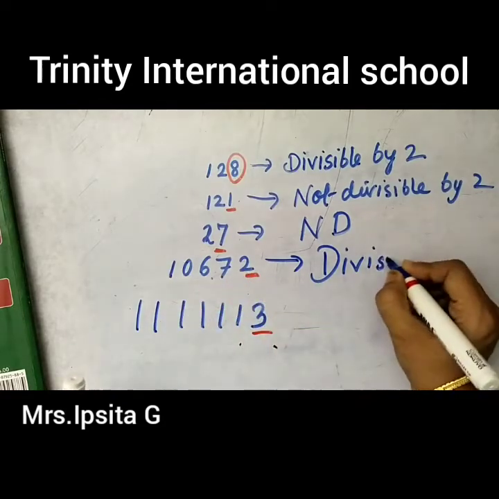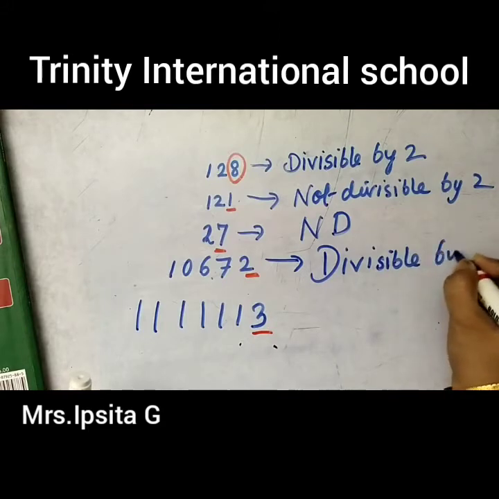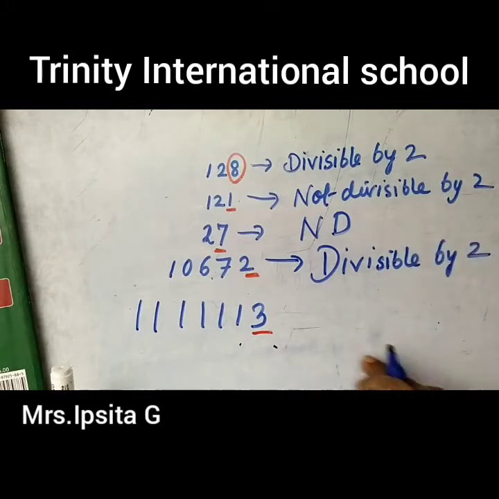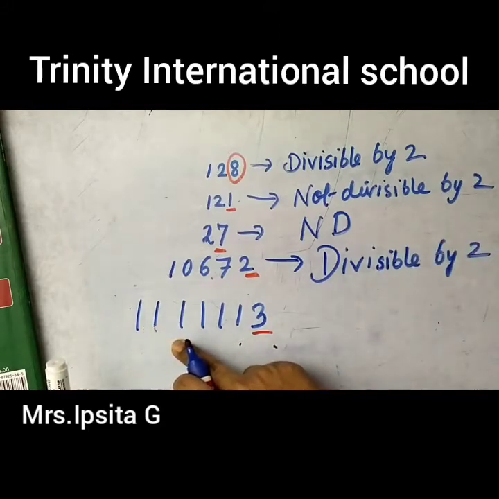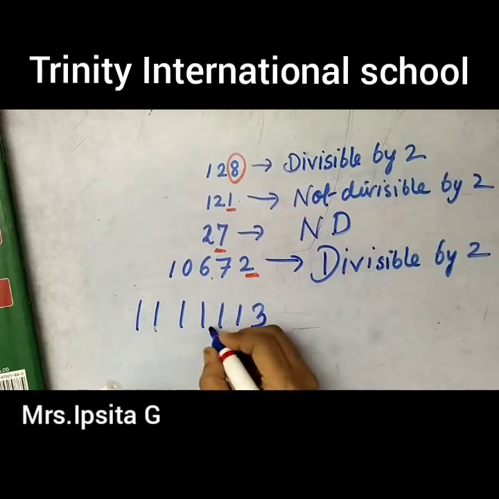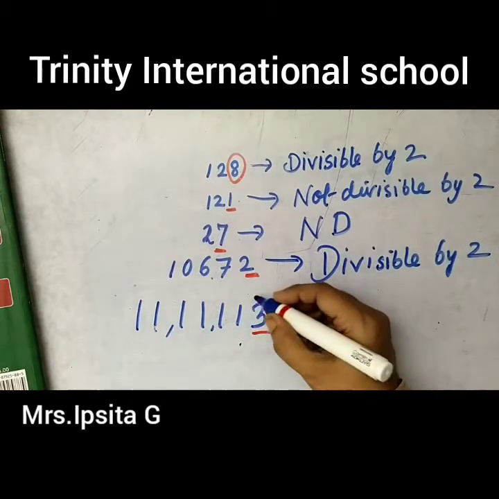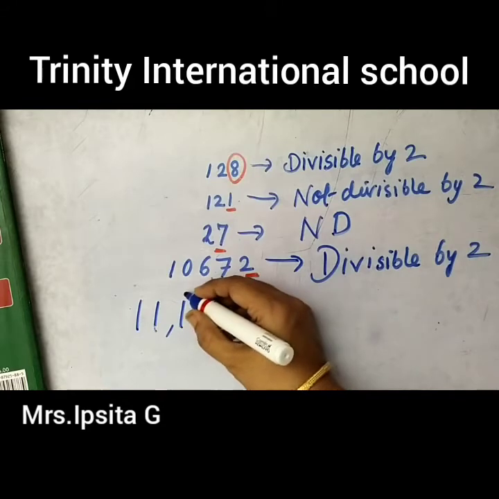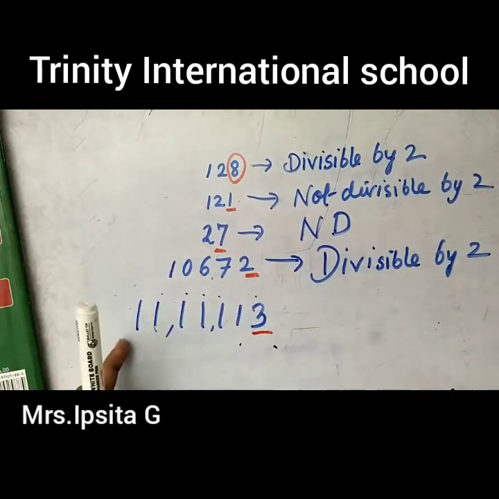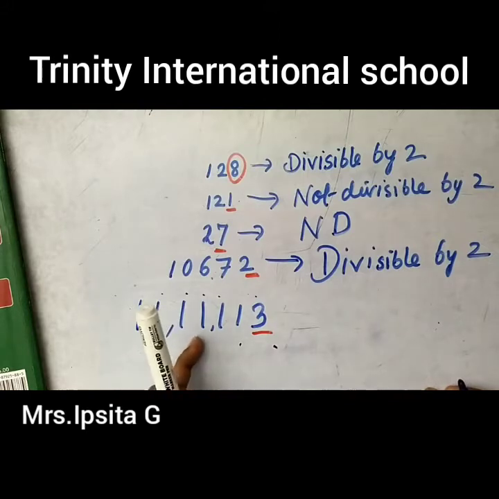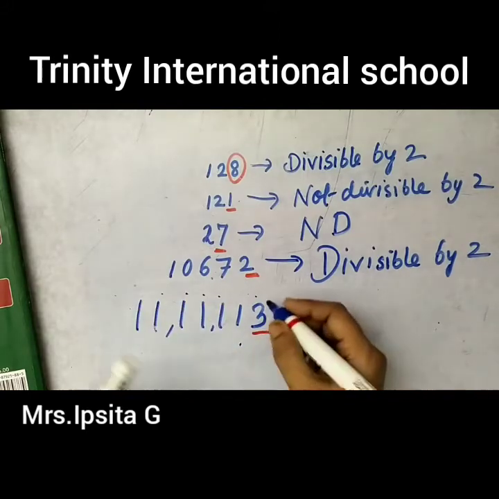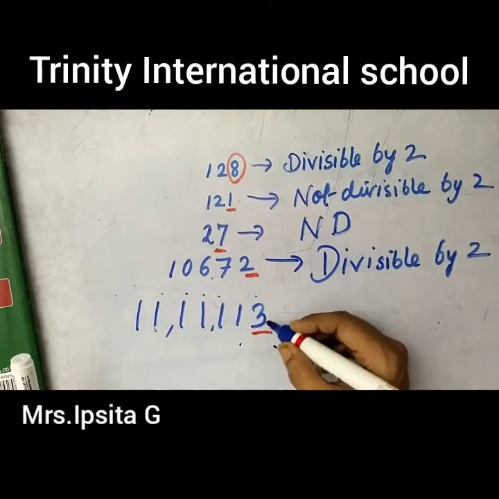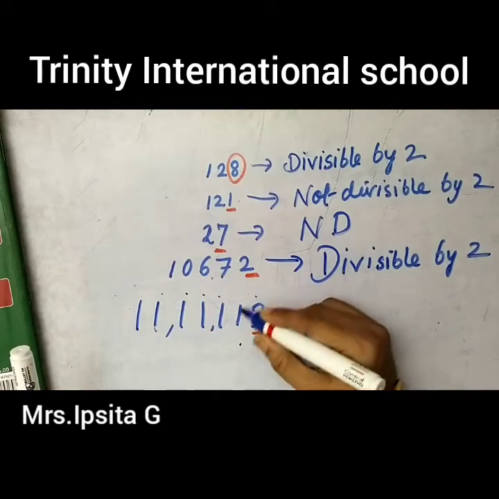10,672 is divisible by 2. Okay, now if you look at this number, what is this number, look: ones, tens, hundreds, thousands, ten thousands, lakh, ten lakh. So 11,11,113. This is a big number, but you have to look at the ones place. What is in the ones place?